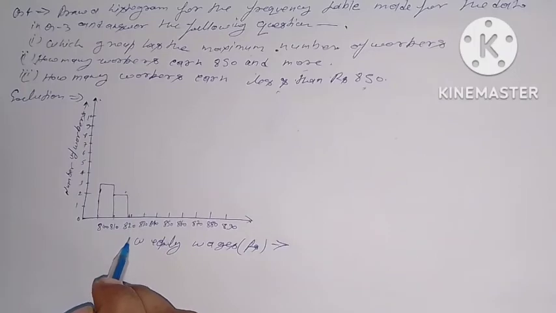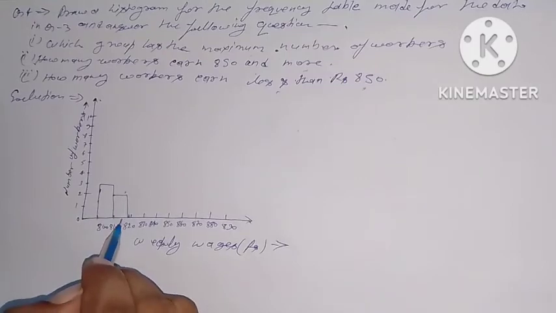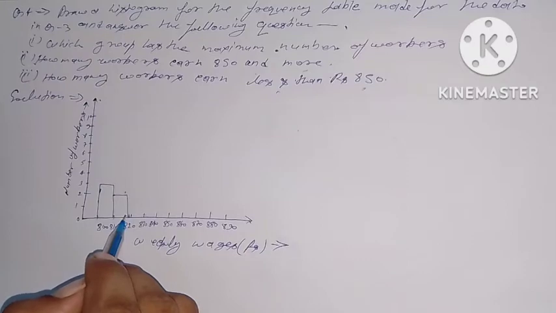And 820 to 830. Only 1 worker. Then this graph goes up to only 1.